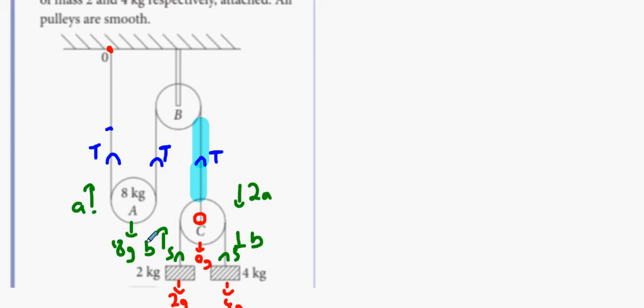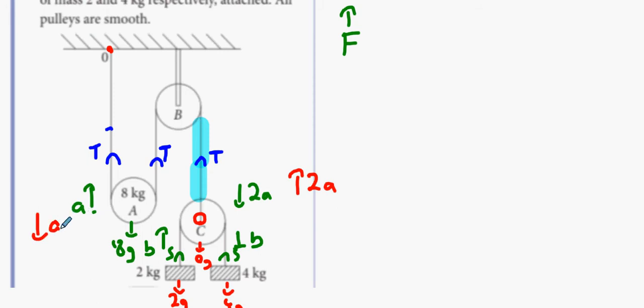Okay. Now here's what we're going to do. We're going to start off with the 8 kilogram mass. Force, we're going to say it's going upwards. Look at it, 2, 4. It's hard to know if it's going upwards or not. It's not a clear-cut scenario. If the roles are reversed and C was actually going upwards and A was going downwards, we'll just get a negative answer.